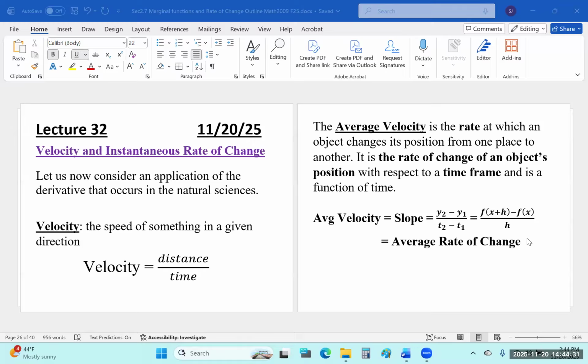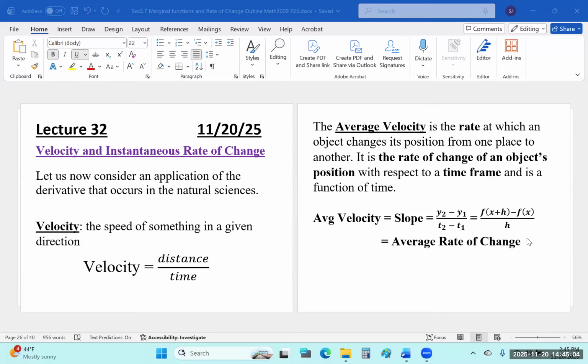Average velocity, it's the slope of the secant line, which is average rate of change. So if you see only the word velocity, it means derivative of the displacement. But if you see the word average velocity, average means it takes the average of whatever you have. So it's the slope. So you have to use the slope formula, y2 minus y1 over x2 minus x1.